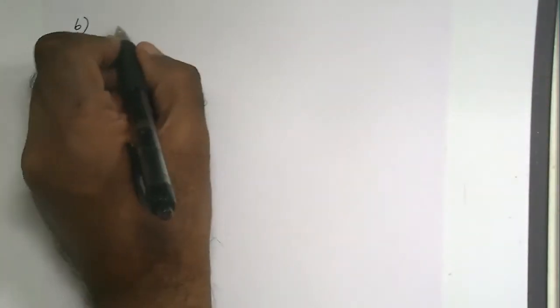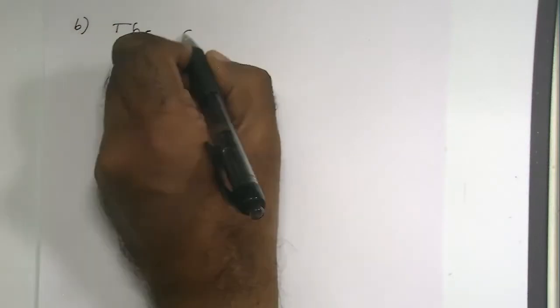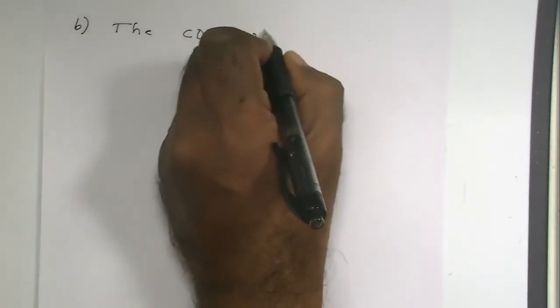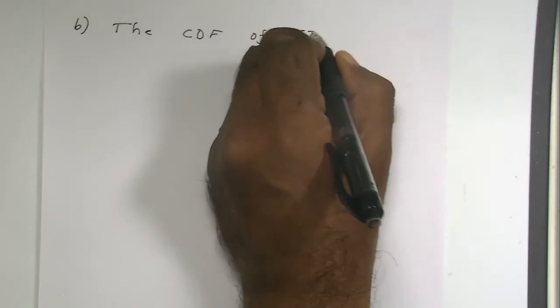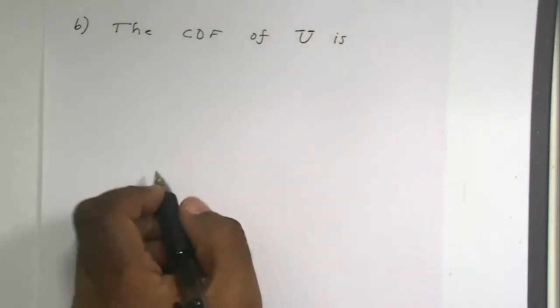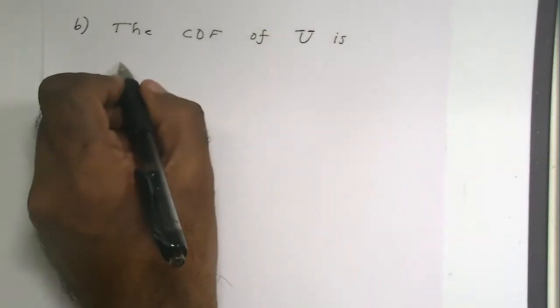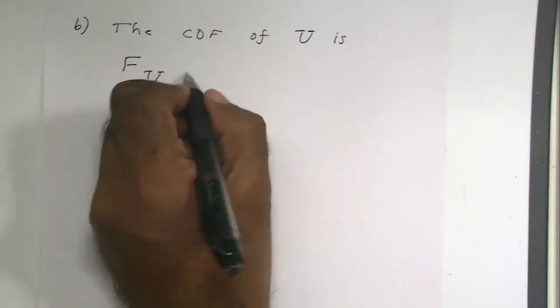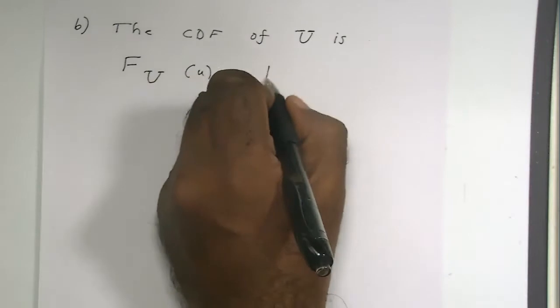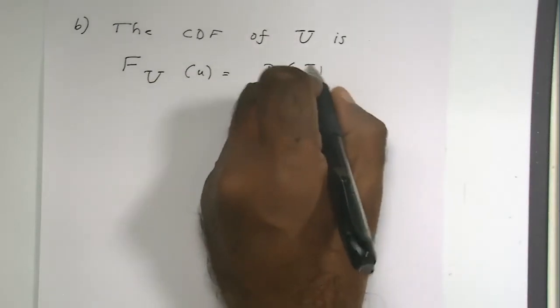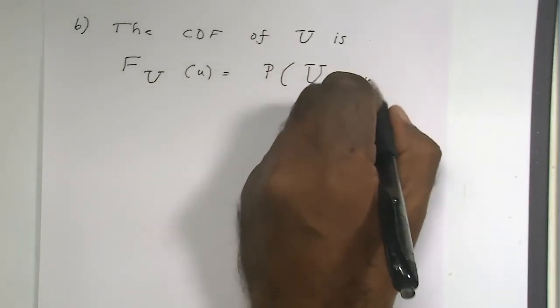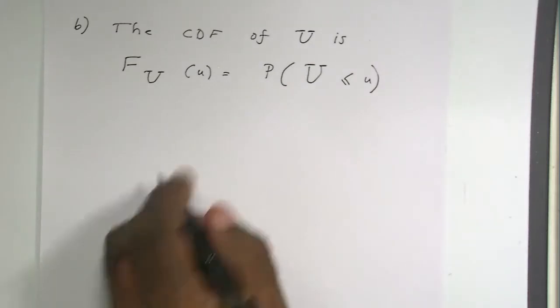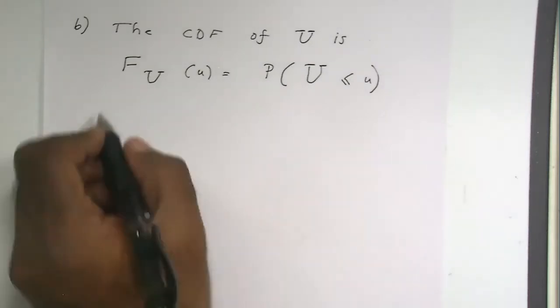Part B is to find the CDF of U. Remember, U is the minimum portfolio loss.